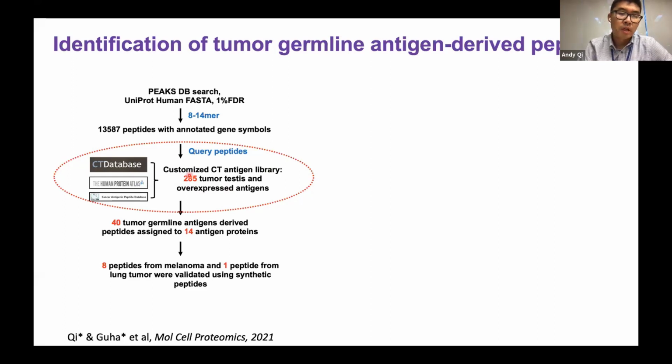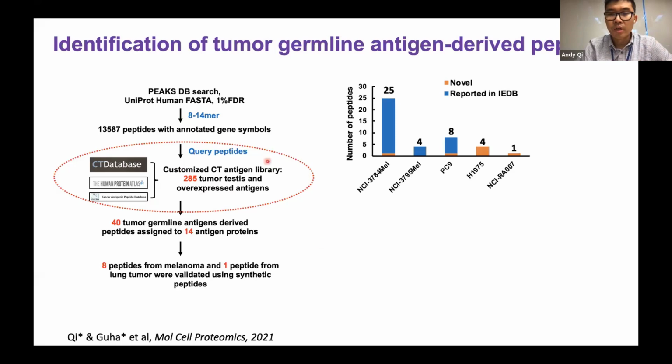So when we identified the wild type peptides against this library, we were able to find 40 peptides belonging to cancer testis antigens, assigned to 14 proteins. And 5 of those are novel, not yet reported in the IEDB.